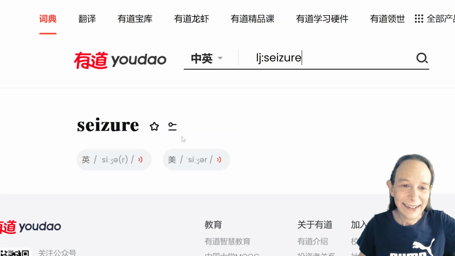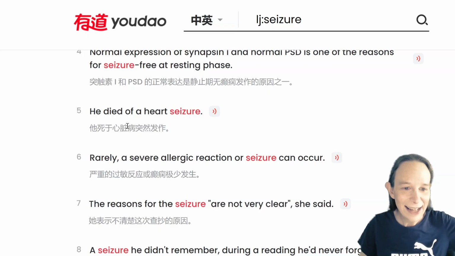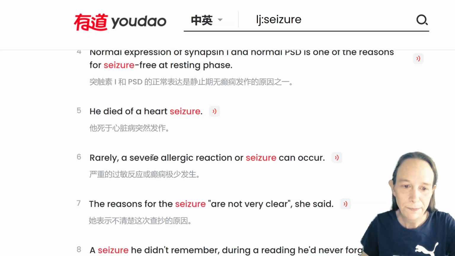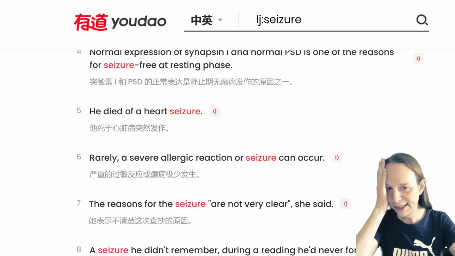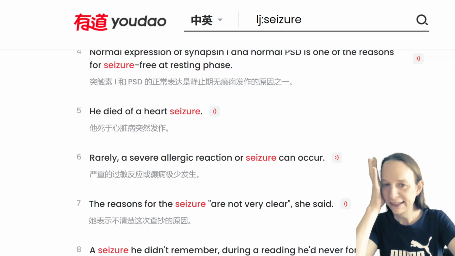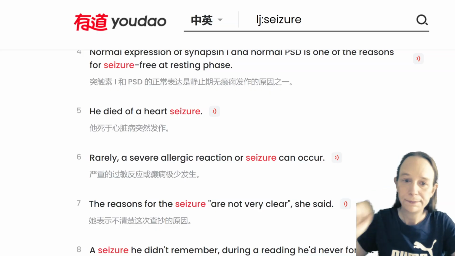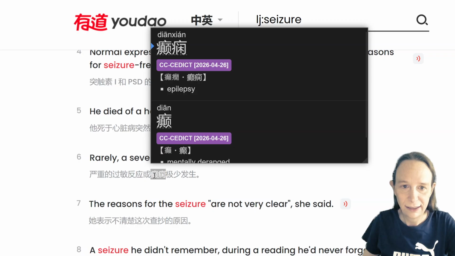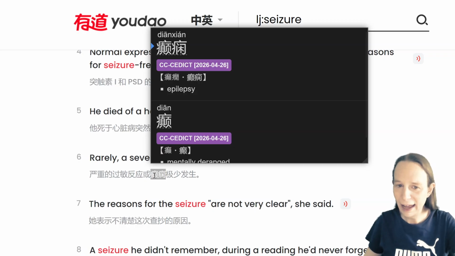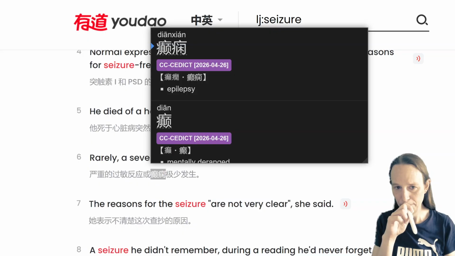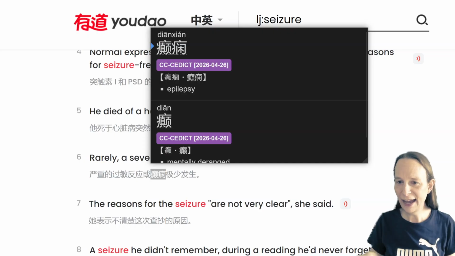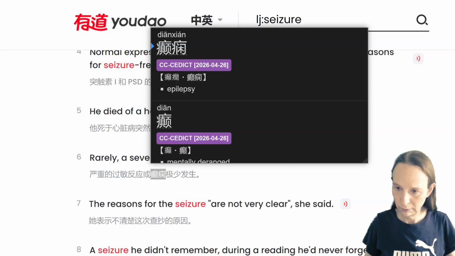All right. A heart seizure. Okay. 心脏病, so heart disease. 突然发作. So maybe the word seizure doesn't really exist in Chinese. It's just 发作. An allergic reaction seizure. Or maybe epilepsy. Does epilepsy have another meaning in Chinese?